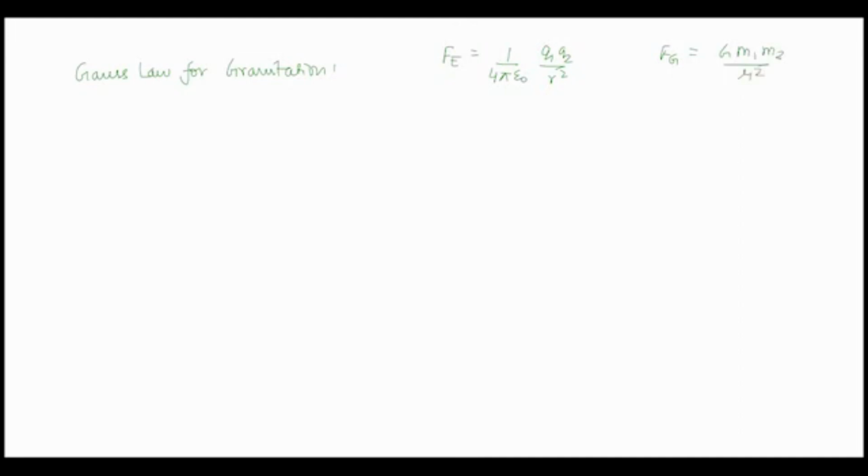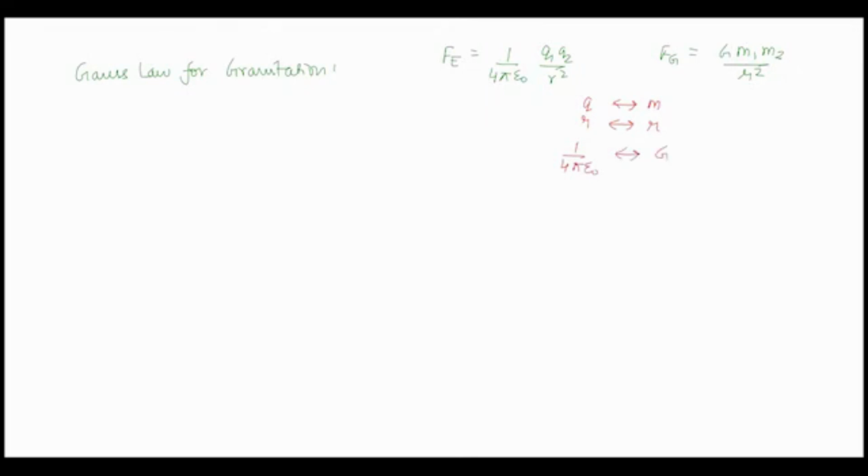I am saying that these two equations are identical. I'm not saying that these two forces will come out equal. I'm just saying that the equations are identical. So the charge here is identical with mass on the other side, the distance is identical with distance, and 1 by 4 pi epsilon naught is equivalent to G.